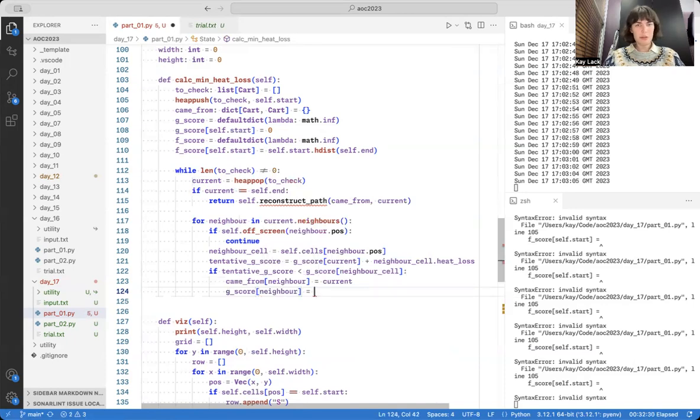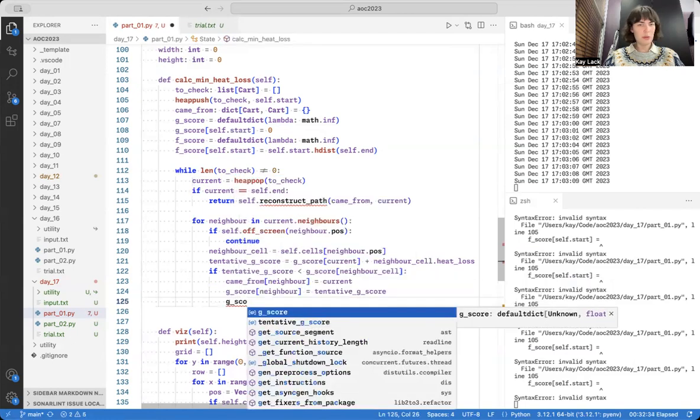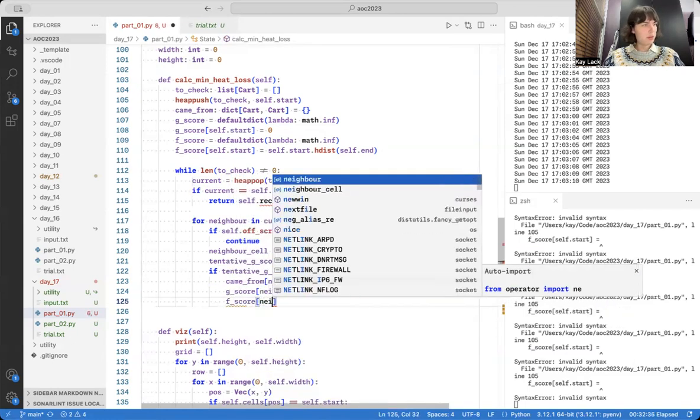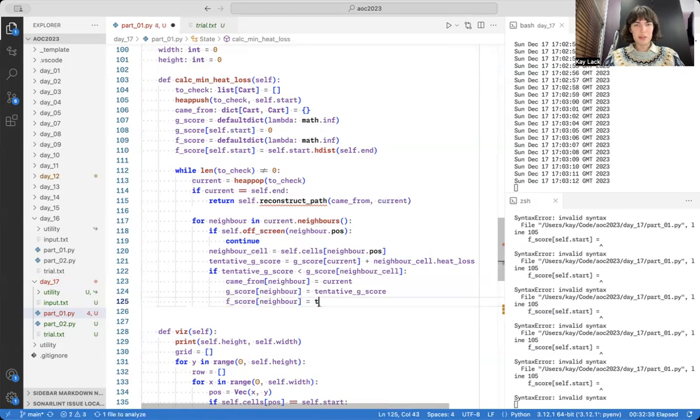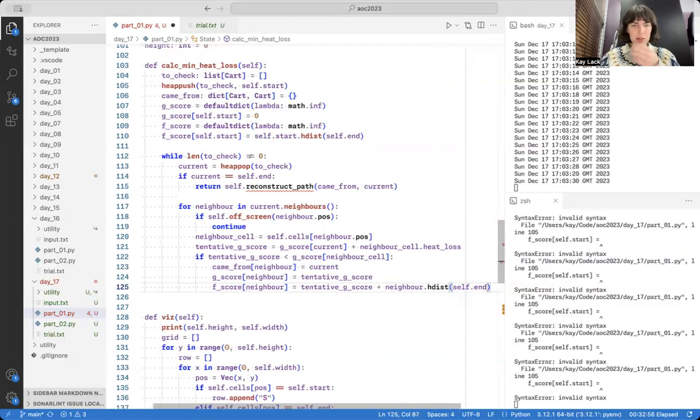Neighbor to be the tentative G score and the F score to be the tentative G score plus the heuristic function, which is neighbor H dist self end.